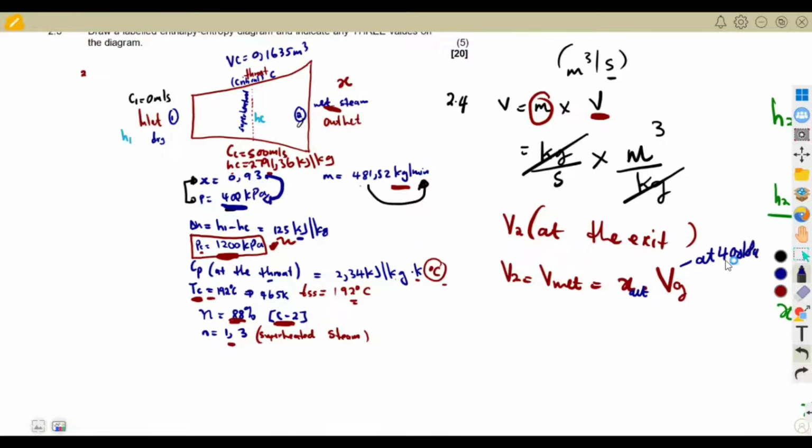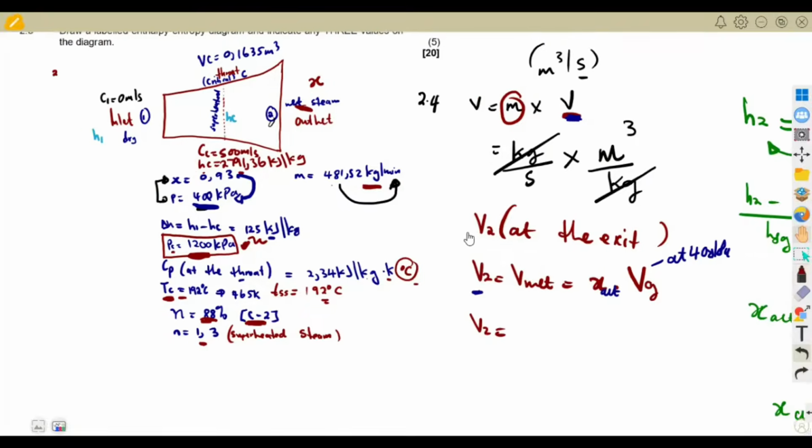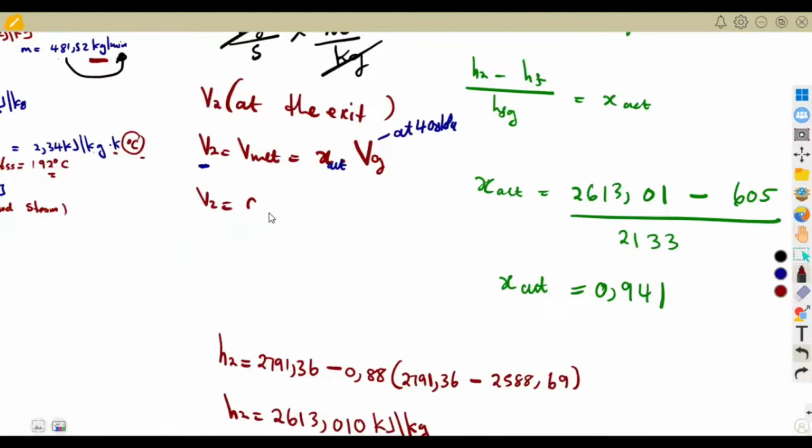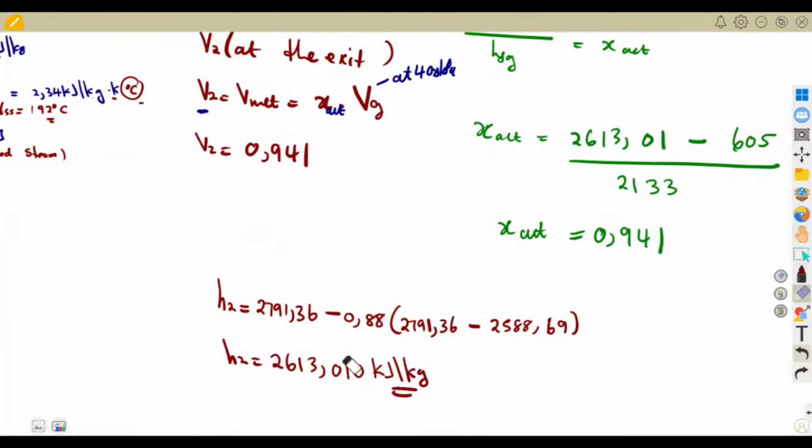So this is going to give us V2. The volume V2 at the exit is going to use the actual dryness fraction. We calculated this and we still have it: 0.941.